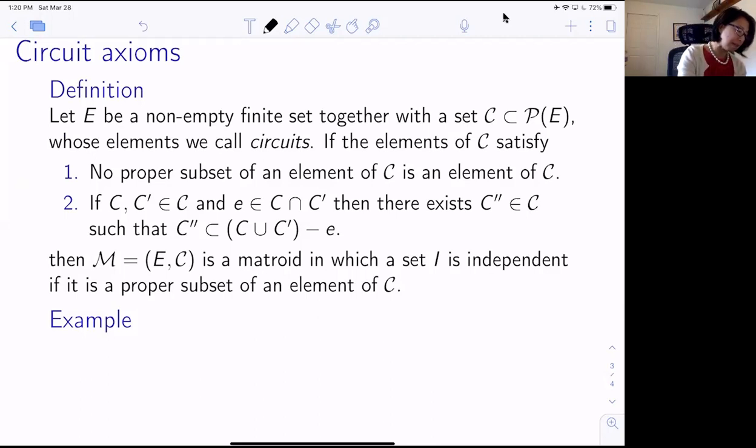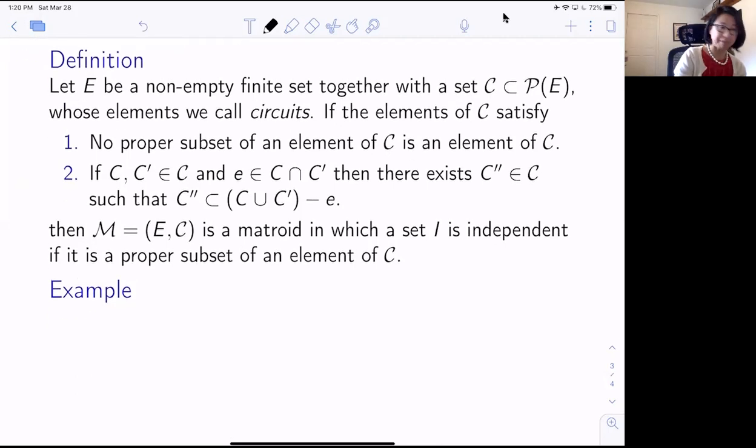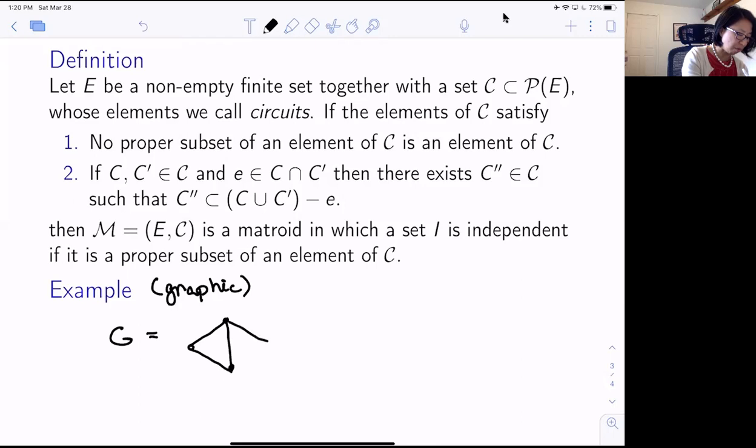For another example, this time a graphic example. Suppose we let G equal the graph that looks like this. It has 4 vertices and 5 edges.